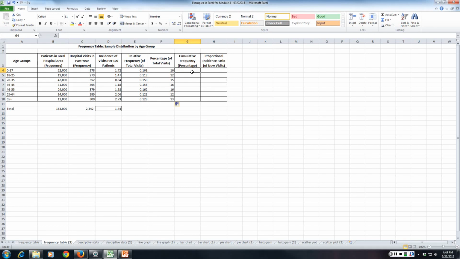We'll do it as a percentage here. For the 0 to 17 age group, there's no previous category, so the cumulative percentage is just 16.